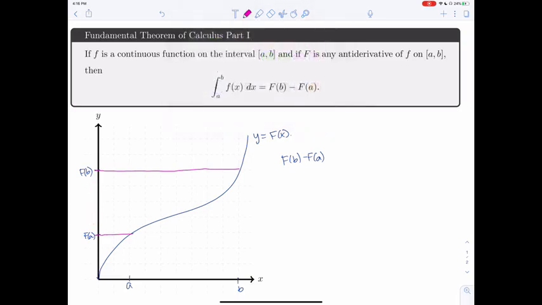Notice that if we partition the interval a to b into maybe n subintervals, so let's partition it with the points x0, x1, x2, all the way to xn, where xn is b and x0 is a.